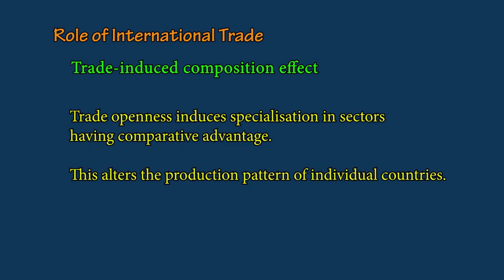Secondly, the trade-induced composition effect. When a country opens up to international trade more and more, this alters the production pattern of the country. Why? Because the basis of international trade is something called comparative advantage, right? And comparative advantage says that a country will specialize in production of those goods and services in which it has better efficiency, right?